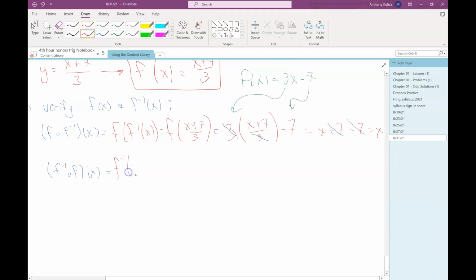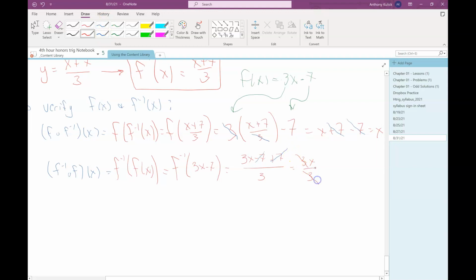And if we do the other direction, we do the composition, we have 3x minus 7 plus 7 over 3. Well, minus 7 and plus 7 add to give us 0.